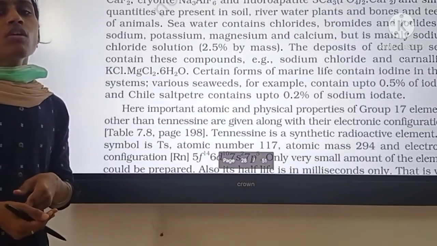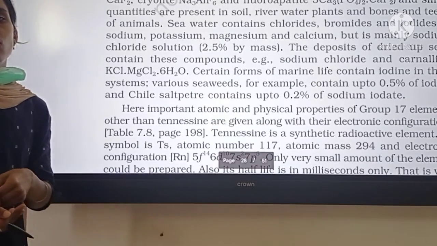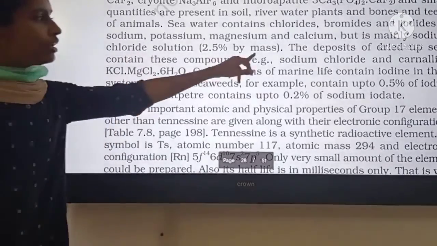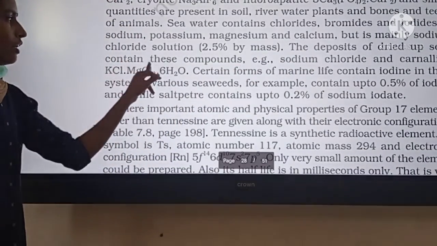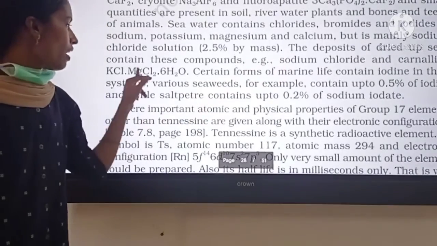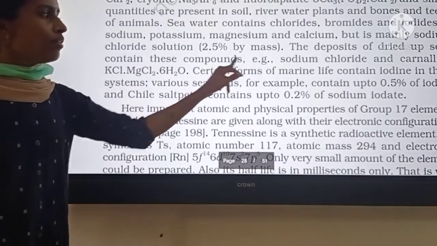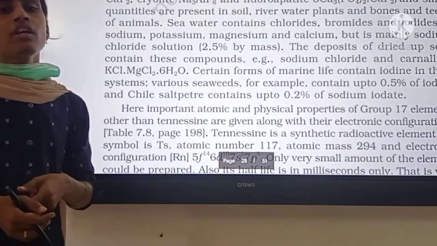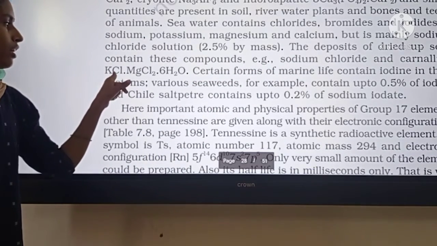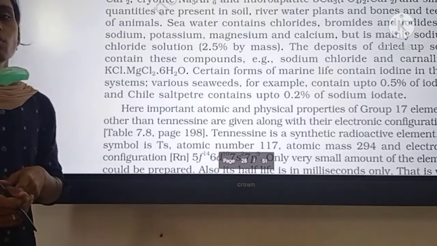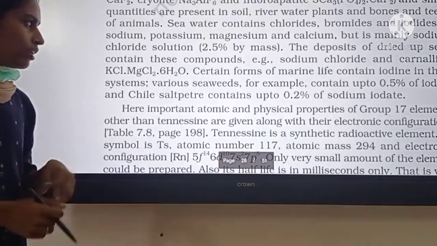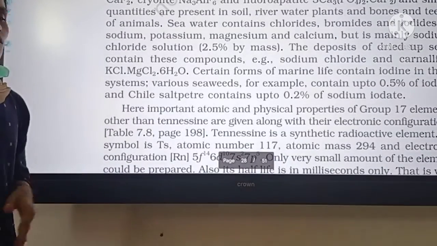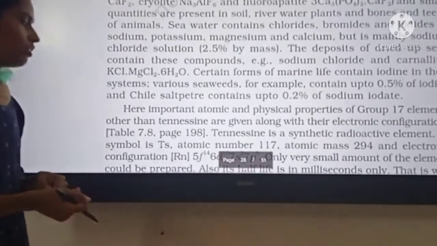The deposits of dried up seas contain these compounds: after evaporation of the seawater, sodium chloride remains, and also carbonate, KCl, MgCl2.6H2O. So mainly seawater contains the chlorine. Certain forms of marine life contain iodine in their system. So this is the occurrence of the halogen family.